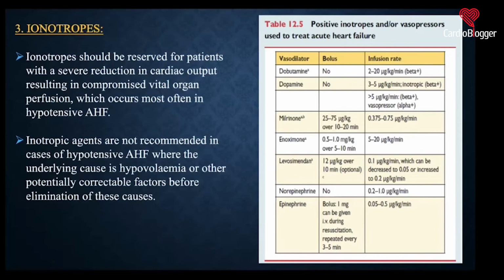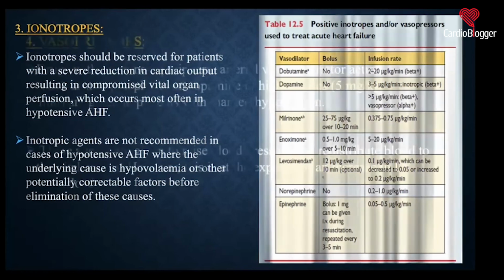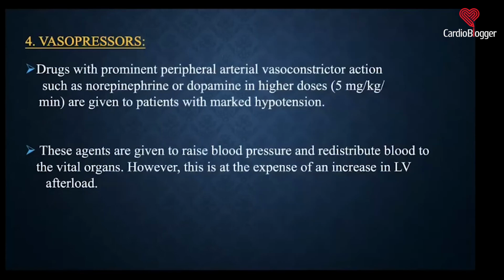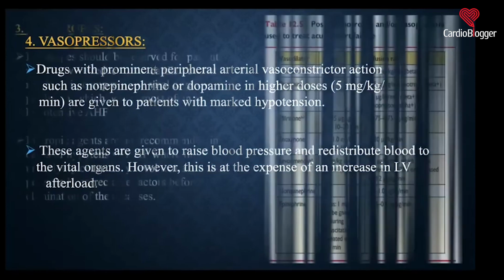After the inotropes, for vasopressors, as I already told you, noradrenaline is the drug of choice. Apart from that, norepinephrine was tried against dopamine in the SOAP 2 and SOAP 3 trials, where it showed much better results, with less myocardial ischemia and fewer side effects compared to dopamine.